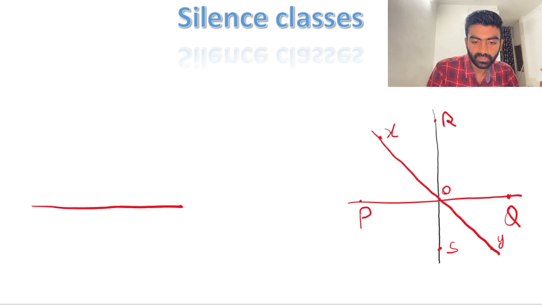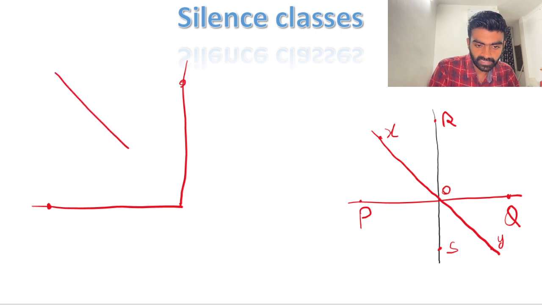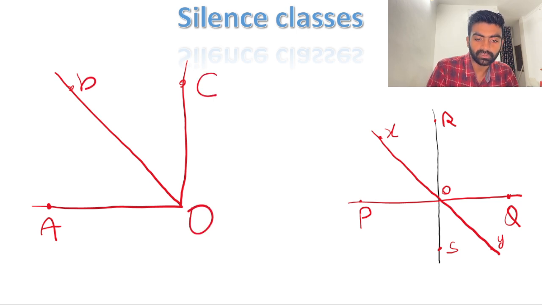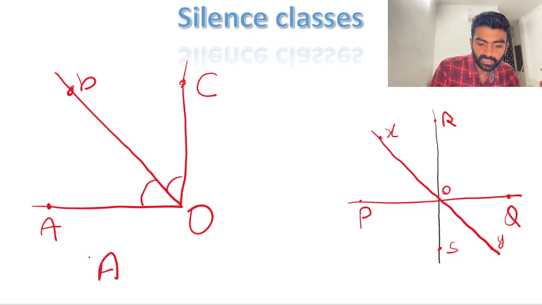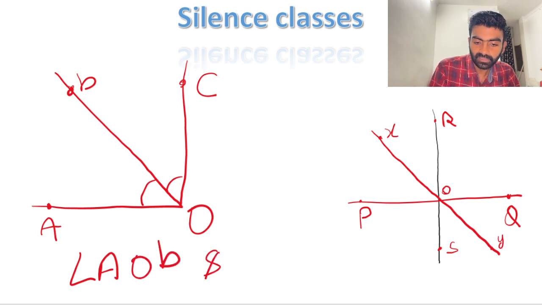Let's say we made an angle like this, and we draw A, B, C and O. There are two angles in this, angle AOB and angle BOC.